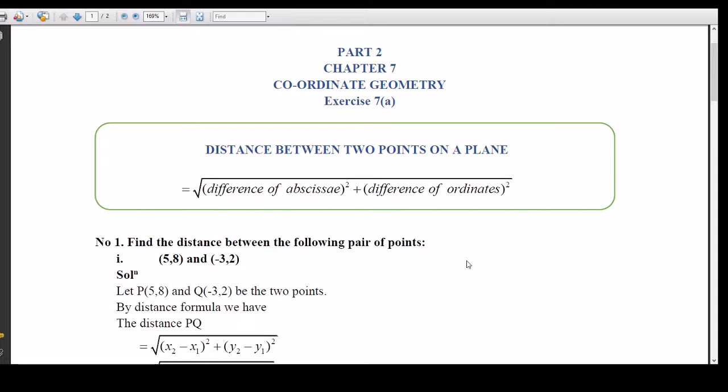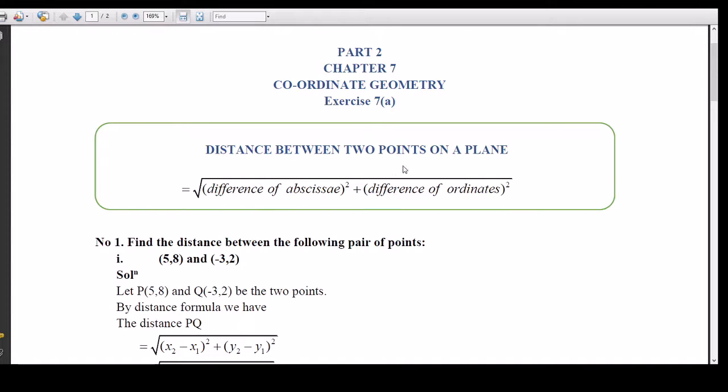Remember, in the last class we discussed how to find a formula for the distance between any 2 points on the plane. Let us recall that formula, which is also called the distance formula.